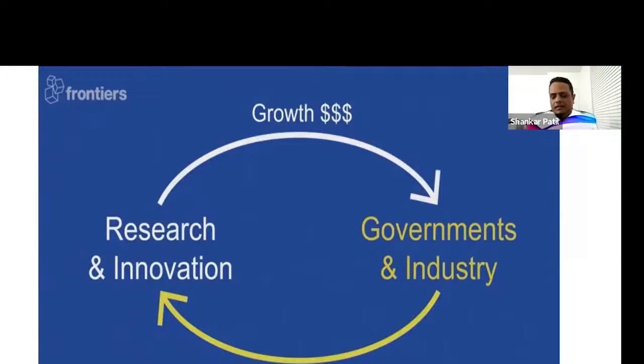So it is a cycle which we need to understand. Initially you need to invest, and then what patents you get and what products you develop, the government itself will benefit. So if you want to be a global leader, you have to invest in research and innovation.